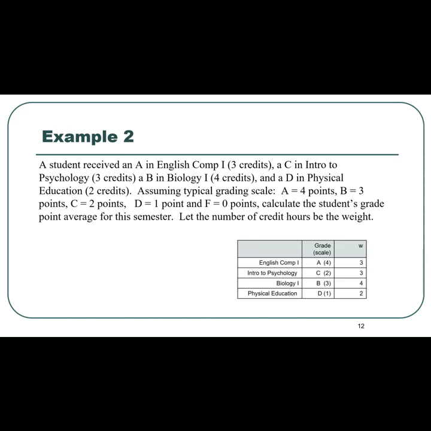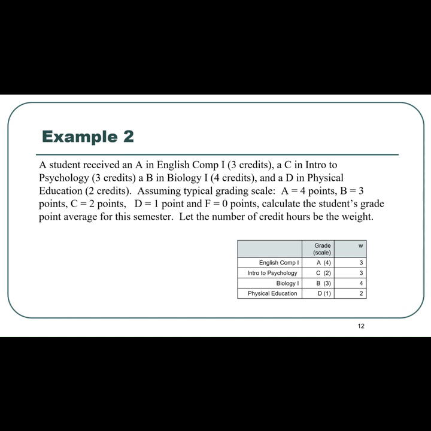So for the grade ABCD, the value point or the scale, and these are my courses, and these are the credits of each course. Putting all of my information in such a table will ease it on myself.